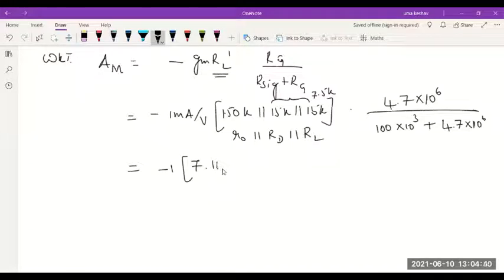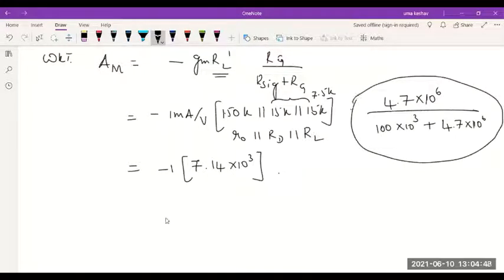So this is 7.14K, right? Into how much is this value you have to find. This part. Somebody has given the answer as minus 6.999.